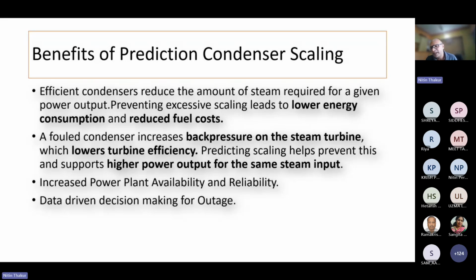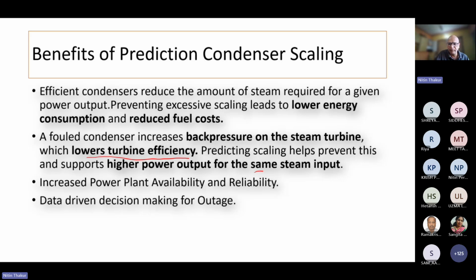So with the help of AI, what did we really do? We were able to understand, first of all, at what efficiency the steam turbine is running with respect to condenser scaling.